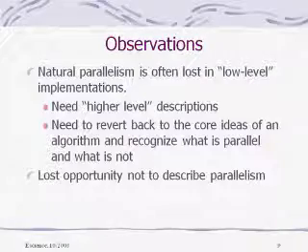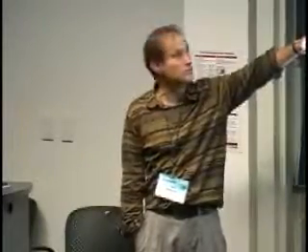By raising the level of abstraction, this description is much higher level than what's given in most current algorithms textbooks, which give some sequential loop, maybe starting at the two ends and swapping. Here you expose the parallelism of the algorithm. So part of this is we need high level descriptions, and we need to revert back to the core ideas of the algorithm.